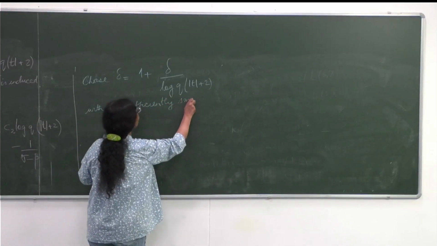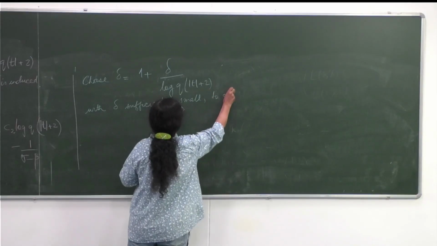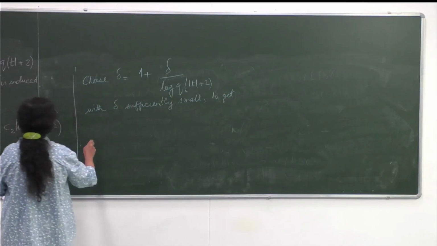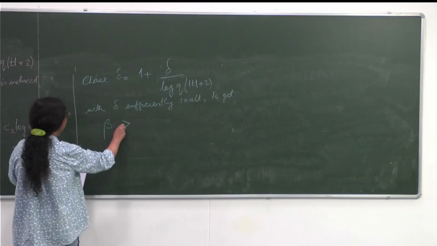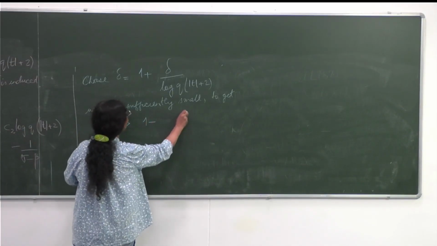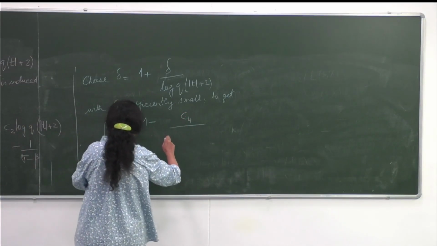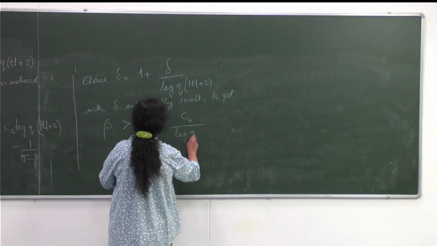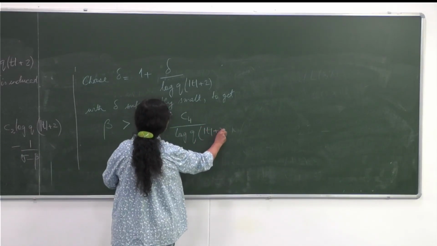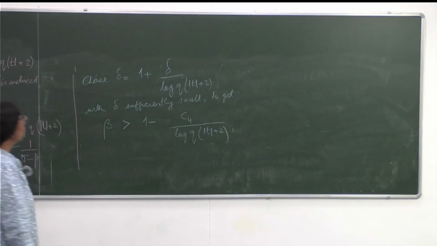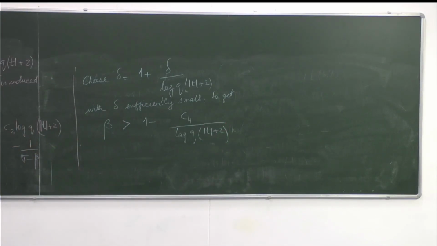So you can do that to get, what do I get? Beta, my dear beta has come back, is 1 minus some constant, let's call it C4, over log Q absolute value of T plus 2. Oh, I think my tau changed to T somewhere, not in the middle of the same proof, but I think right from the beginning I had a T instead of a tau. I hope that doesn't create any confusion. And then I have found my beta.